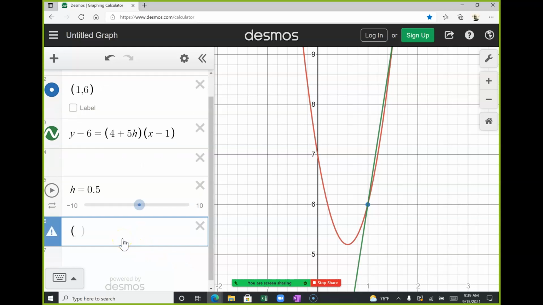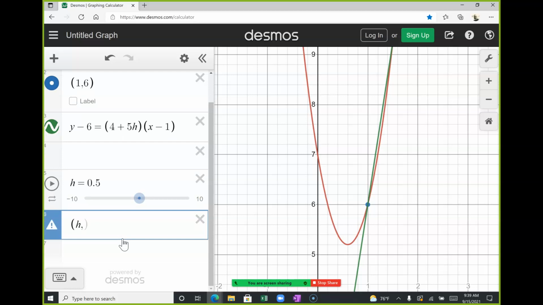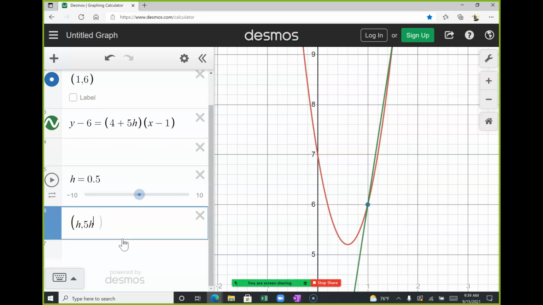It's going to be h, comma, the polynomial evaluated at h, which is 5h squared minus 6h plus 7.